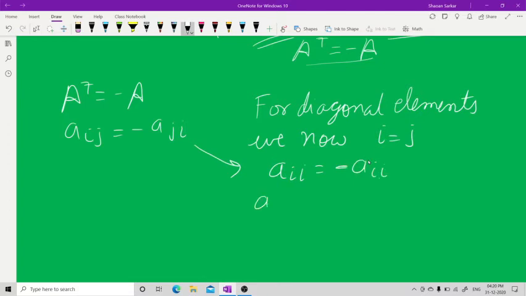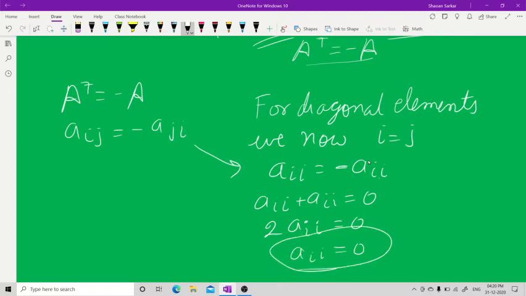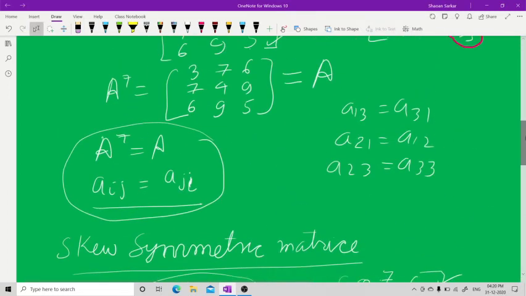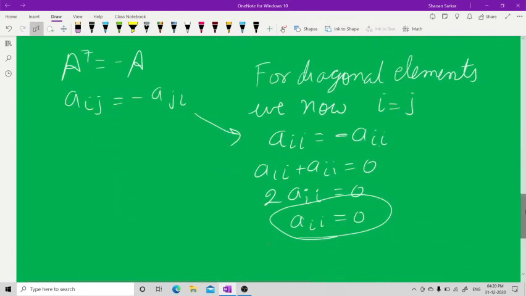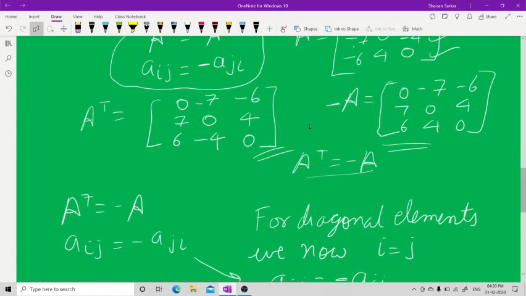Bring this here, Aii plus Aii equal to 0. So 2Aii equal to 0. That means Aii is always 0. That's why all the diagonal elements are 0. That's the reason behind it. I gave you the reason now.